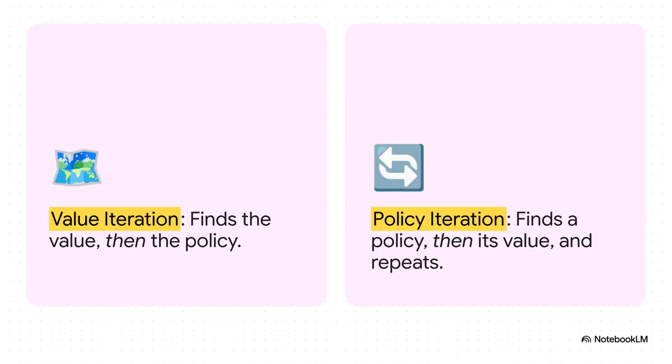Now, this whole process of calculating values isn't just random. It's all done by specific algorithms. You have one called value iteration, which basically figures out the value of every single square on the map first. Then there's another called policy iteration, which is more like, let's start with a rough guess for a path, and then just keep making it better and better. But the key is, they both use that same time-traveling, discounting logic to solve the map.